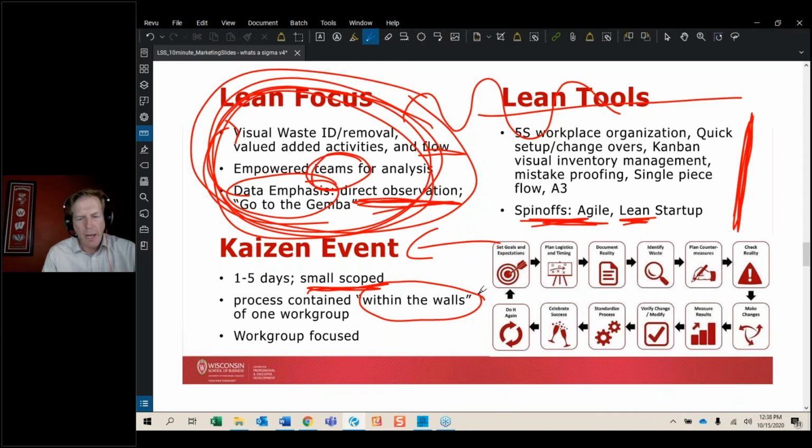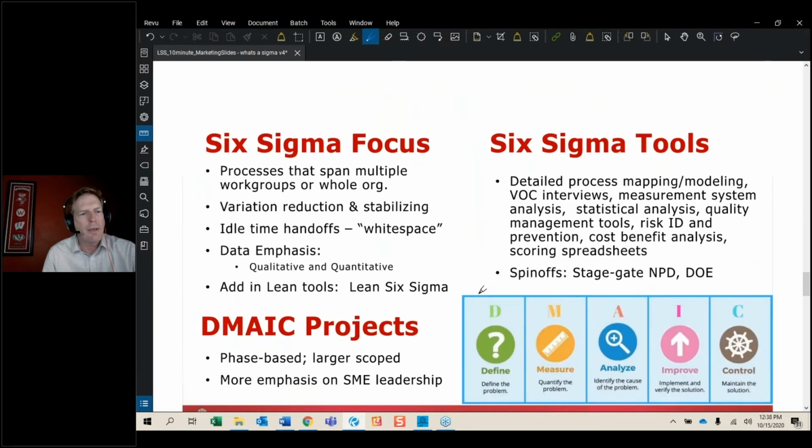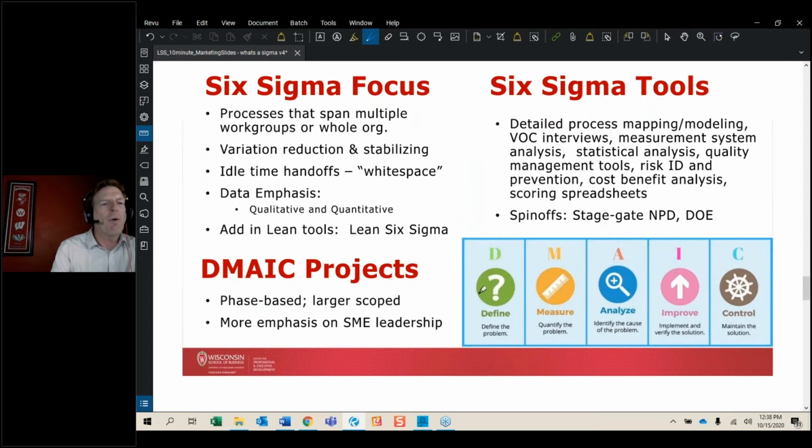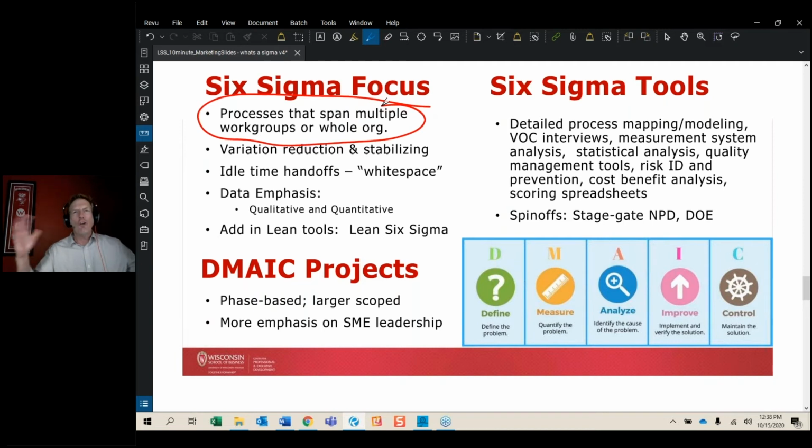Six Sigma, on the other hand, let's take a look at it. Its focus is on processes that span multiple work groups or the whole organization. They're larger scale processes, and the initial emphasis on Six Sigma processes was about variation reduction and stabilizing process performance. This was early manufacturing style process improvement projects.